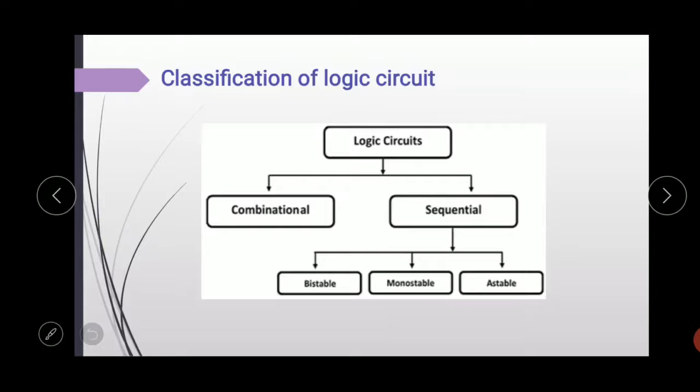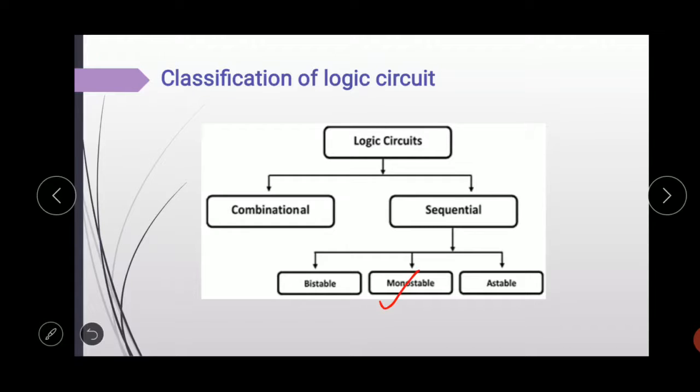As per the name, bi means two, so two stable states are present in these circuits and they will be in either of the states. Examples of bistable circuits are memory cells, latches, flip-flops and registers.